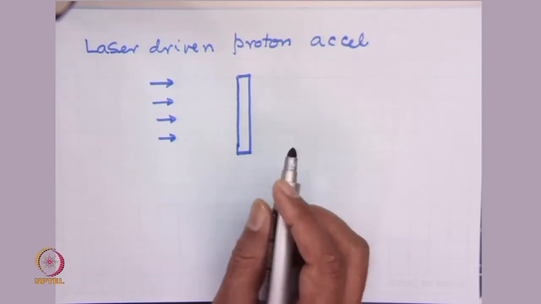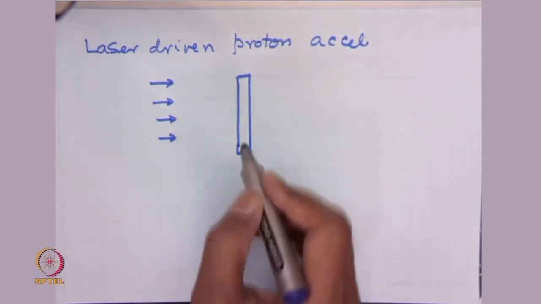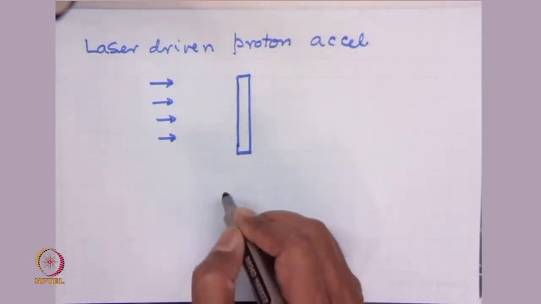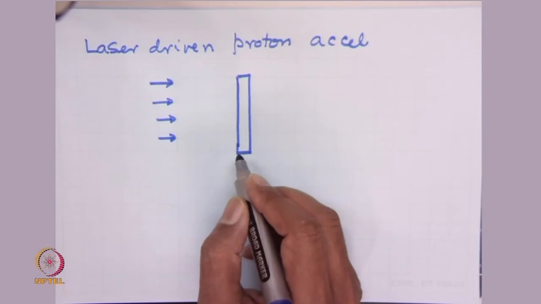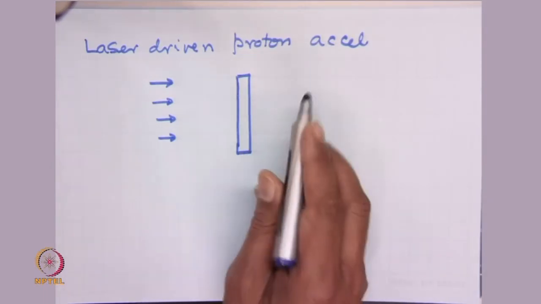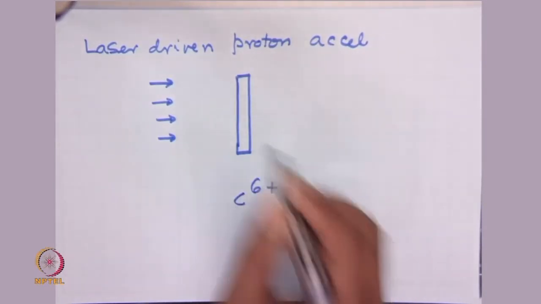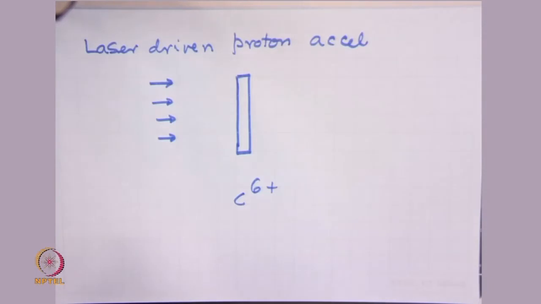They want to accelerate. But for the sake of mathematical simplicity or physical picture, let us consider theoretically a proton foil. People have done experiments with carbon foil, diamond-like carbon foil, and so rather than accelerating protons, they can accelerate C6 plus ions. But now let us see what the physics is.